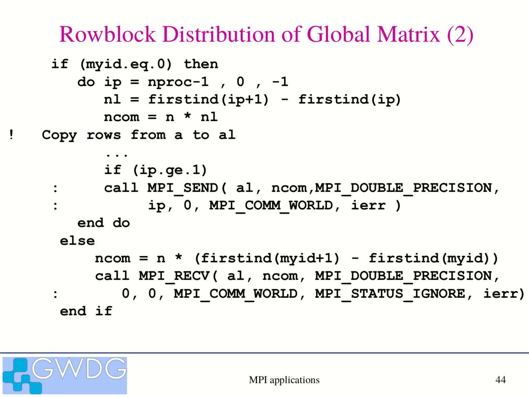This is done for IP equals 0, and if your task ID is larger than 0, then you receive this number of elements, n times first index of my ID+1 minus first index of my ID, from process 0. So far.